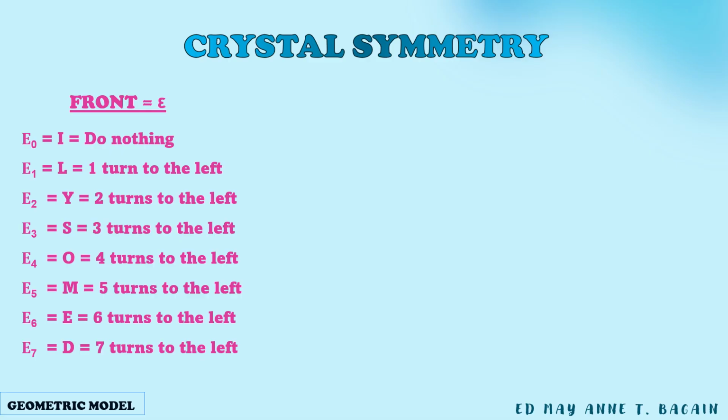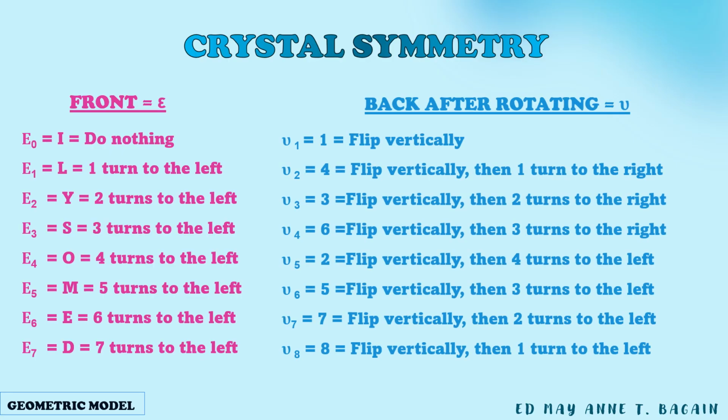And for our upsilon, we have epsilon sub 1 for 1, epsilon sub 2 for 4, epsilon sub 3 for 3, epsilon sub 4 for 6, epsilon sub 5 for 2, epsilon sub 6 for 5, epsilon sub 7 for 7, and epsilon sub 8 for 8. So those are the movements for our front and back.